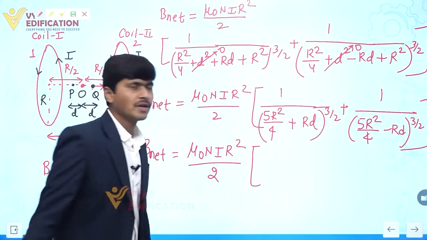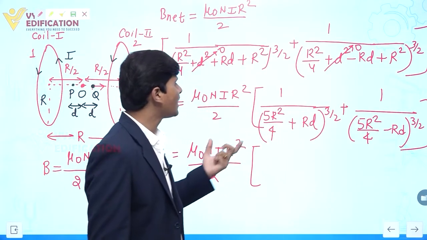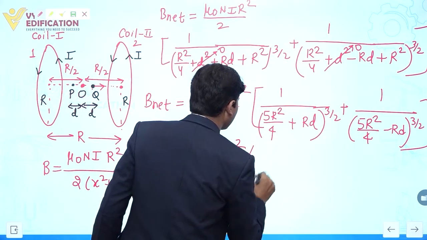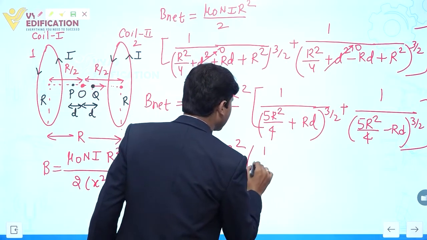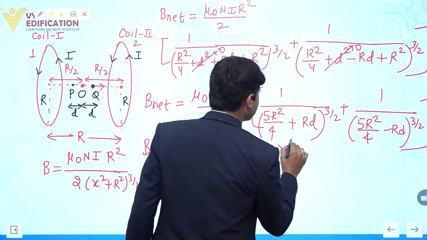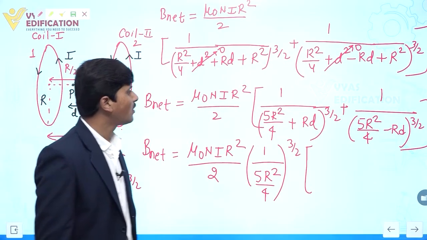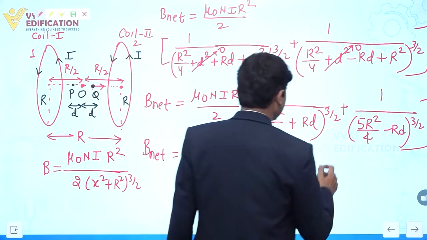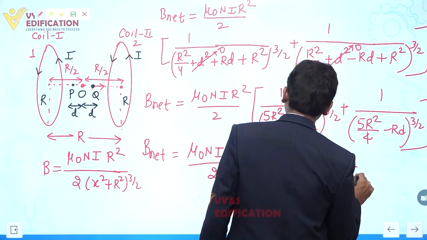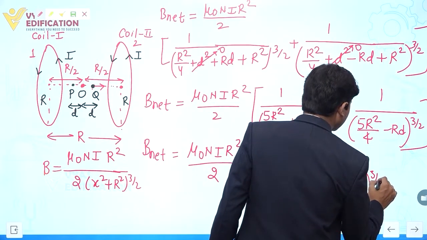Clear? Now we can take common 5r square by 4. Yes or no? Yes. So this value is given as 1 upon 5r square by 4, and we have this power 3 by 2. Clear? Now how can I write it? I can say 1 upon 1 plus rd is already there, with 4 upon 5r square, and this power is 3 by 2.